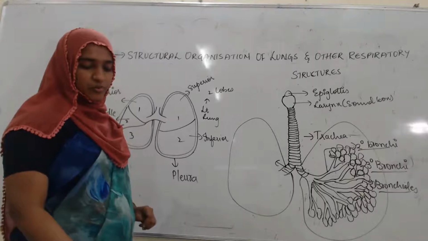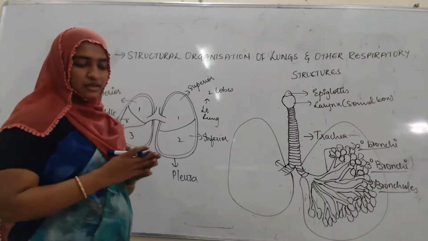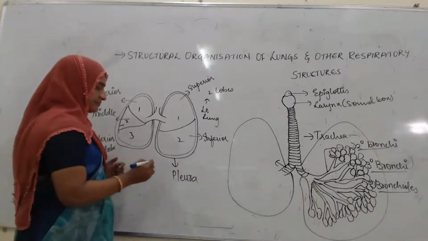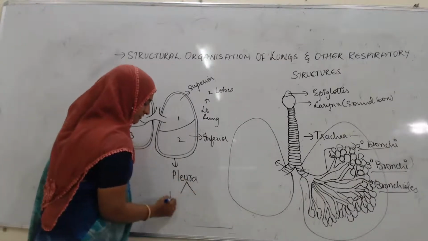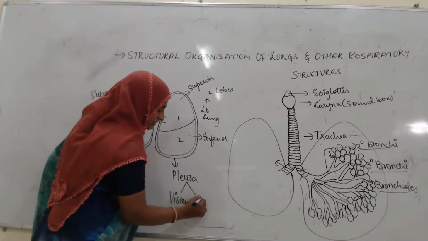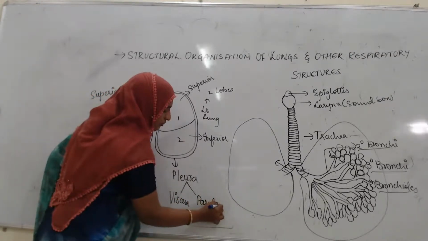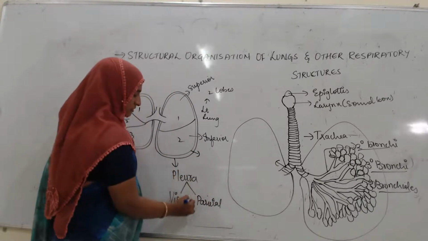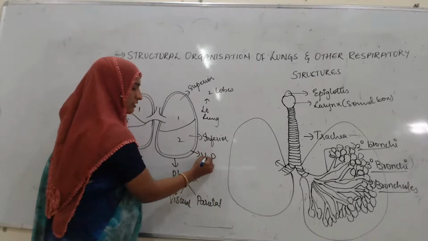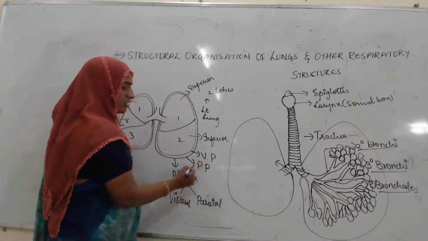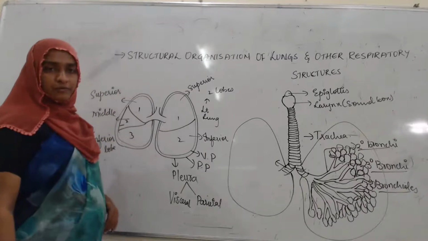So the visceral pleura that lines the lungs is separated from the parietal pleura. There are 2 layers. One is the visceral pleura and the other is the parietal pleura. The inner layer we can call the visceral pleura, and the outer layer we can call the parietal pleura.